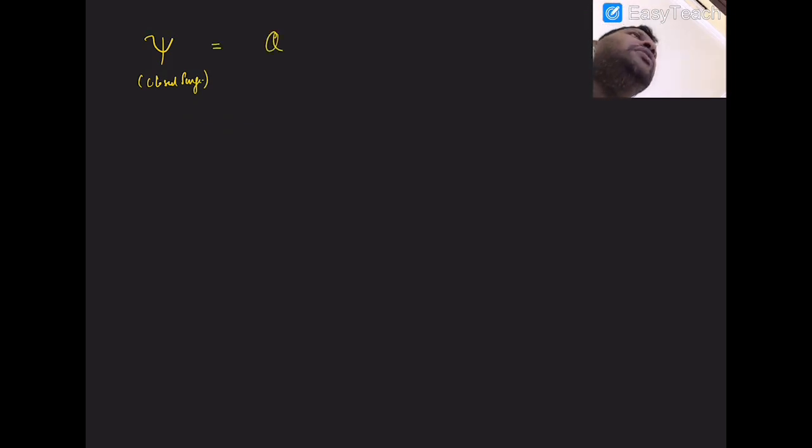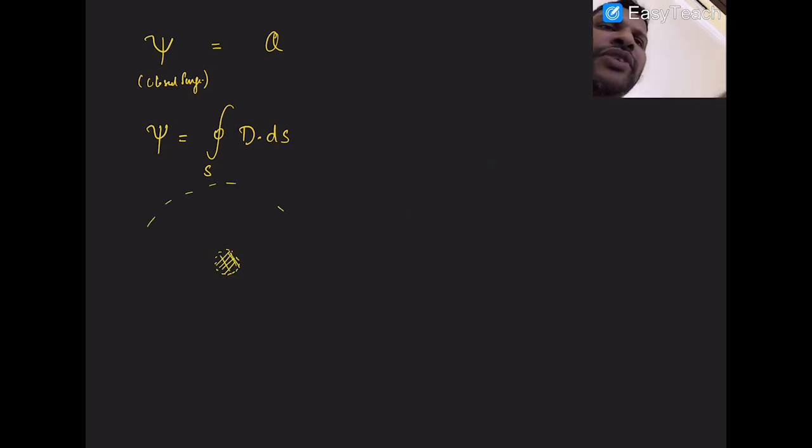So you see here that the flux over that closed surface is nothing but the total charge enclosed by the surface, and this flux ψ is given as the integral of D dot dS. This is what we have seen. And also the total charge enclosed by the surface. Suppose you have something like a metal sphere, and you consider a spherical region around that metal surface.